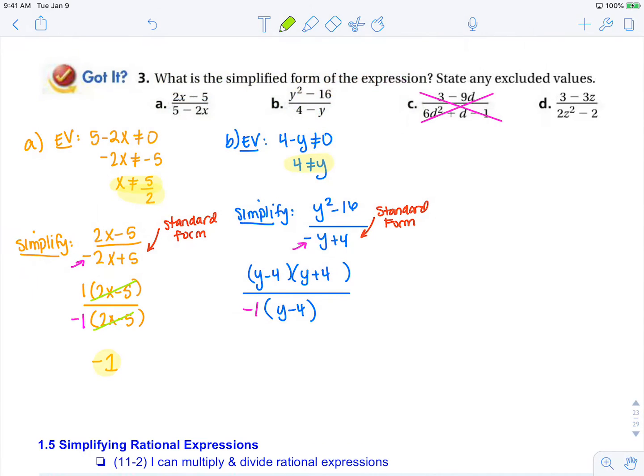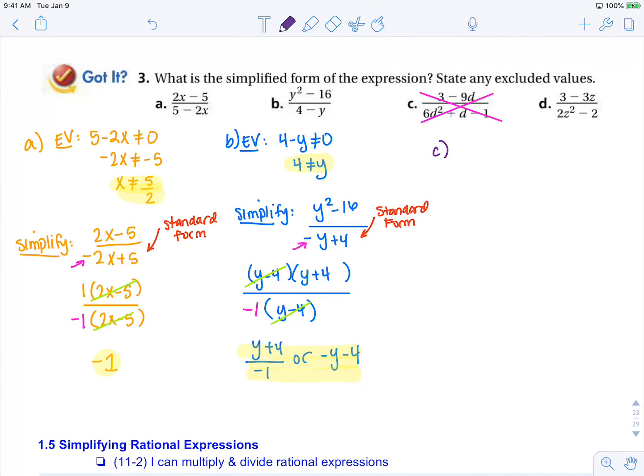Now I see there's a common factor of y minus 4 that cancels. So I have y plus 4 divided by negative 1, or negative y minus 4 if I divide them both by negative 1. Those are both acceptable answers.